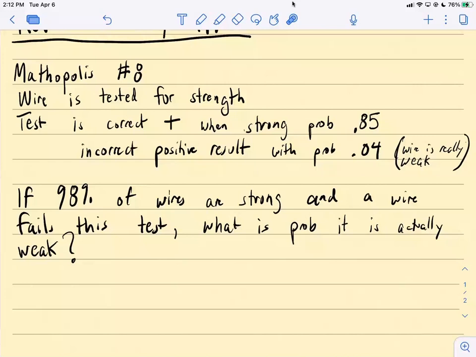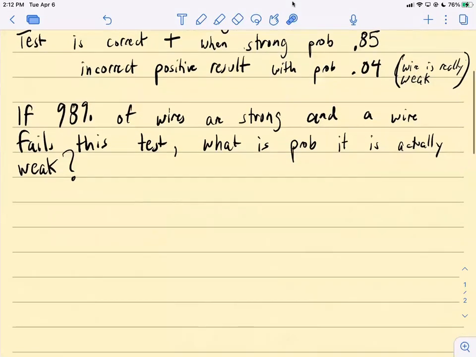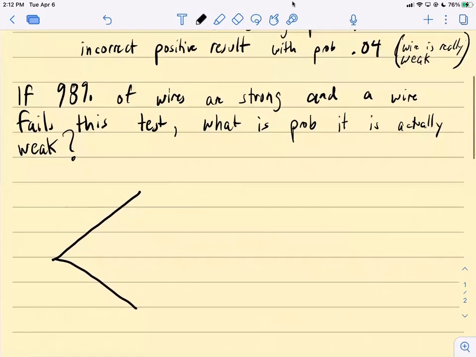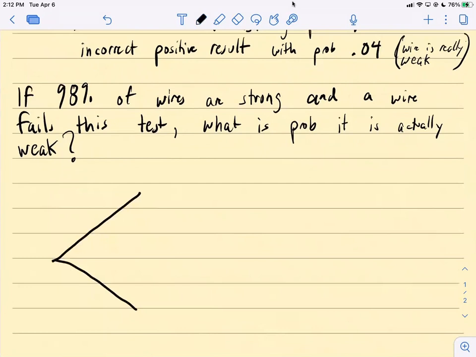So let's do it carefully. What do you guys think? Anyone want to volunteer what the first branch should read out? The first branches should read out strong and weak. Excellent. Nice. So strong and weak, and we have 0.98 and 0.02. These are the true states.